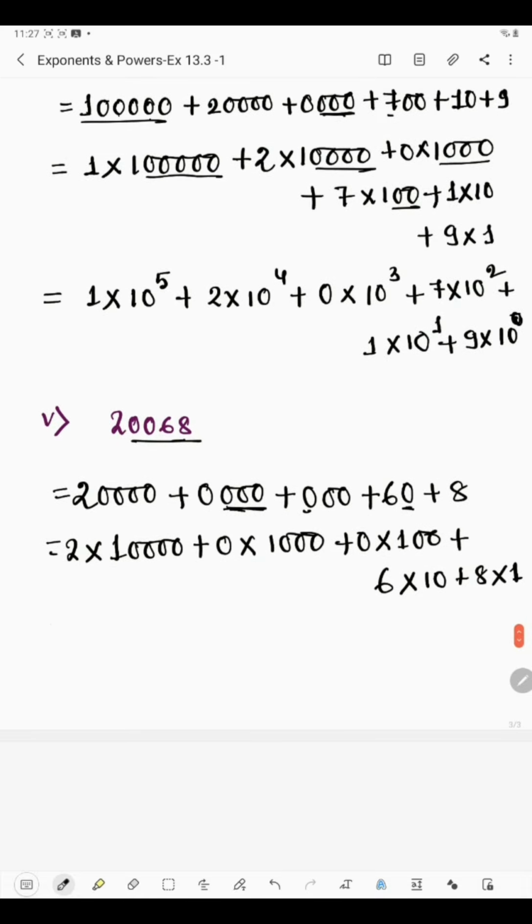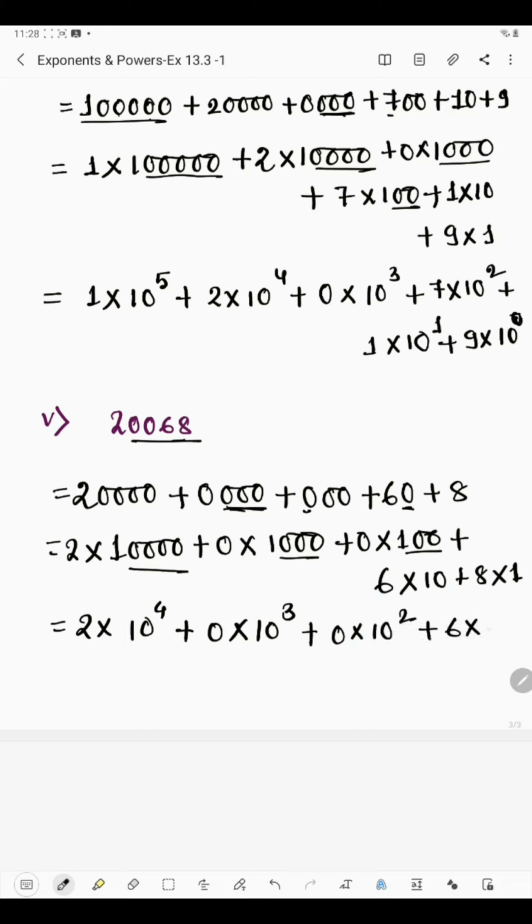Now we will write in power form. So 2 multiplied by 10 to the power 4, because 4 zeros are there. Then 0 multiplied by 10 to the power 3, because 3 zeros. Then 2 zeros, so 0 multiplied by 10 to the power 2, plus 6 multiplied by 10 to the power 1.